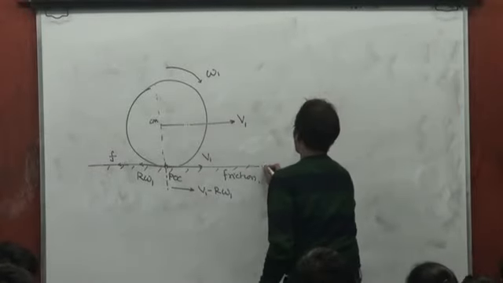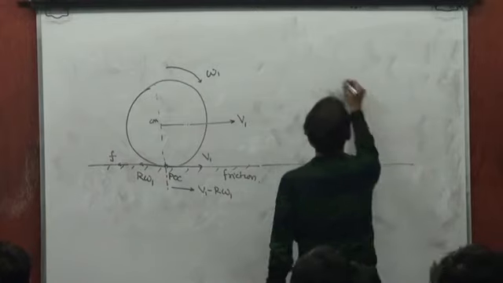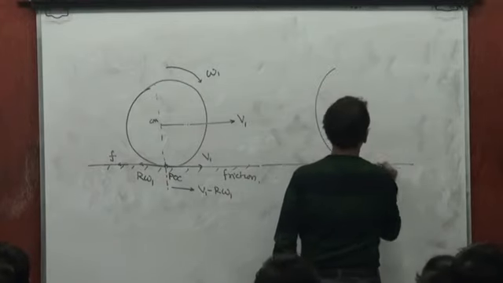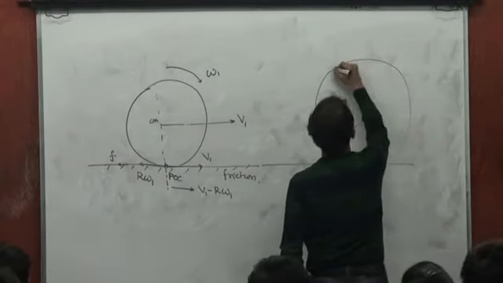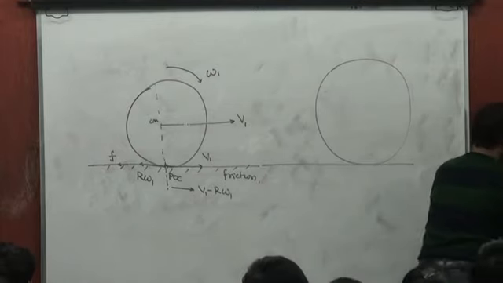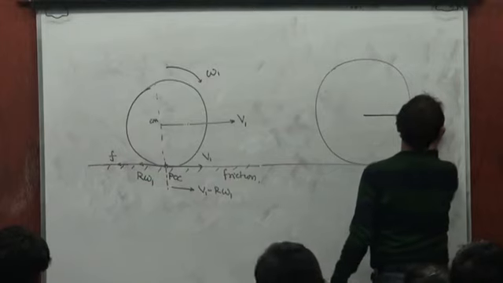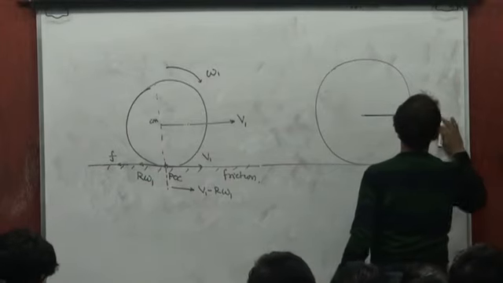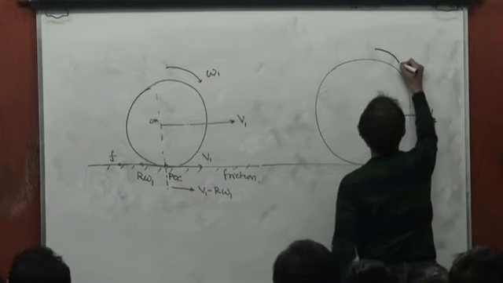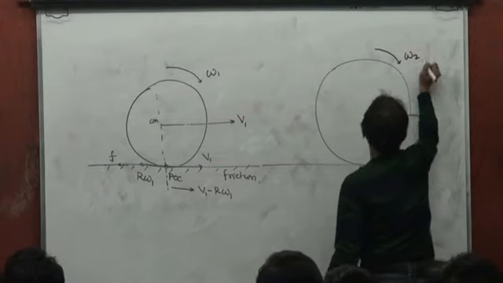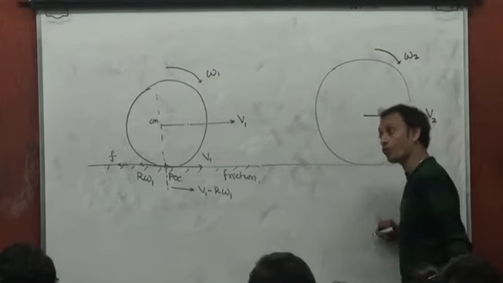Now, after some time, say the velocity of the center of mass becomes v2 and the angular velocity becomes omega 2.